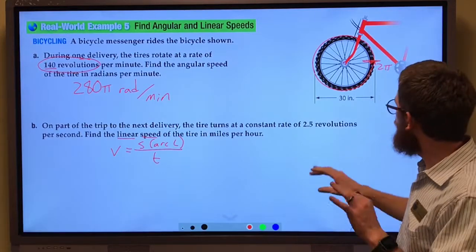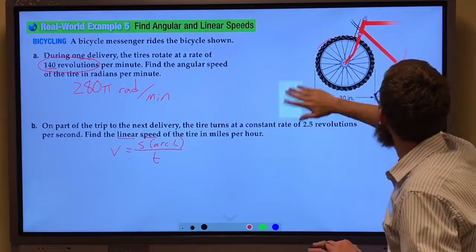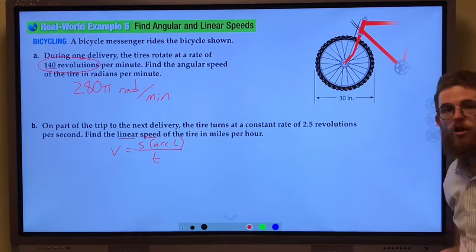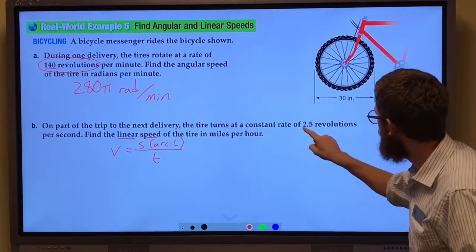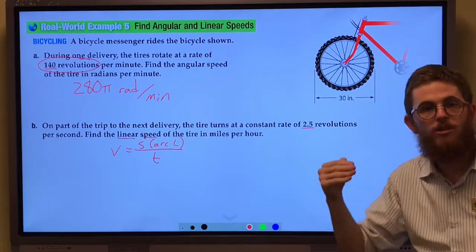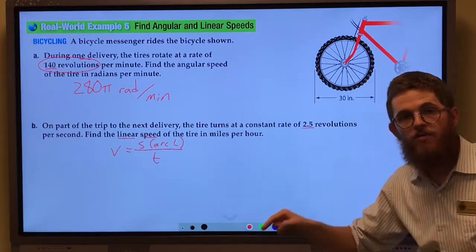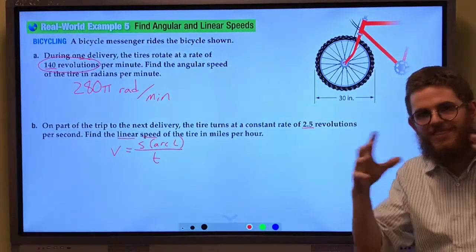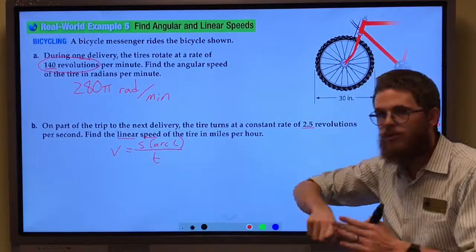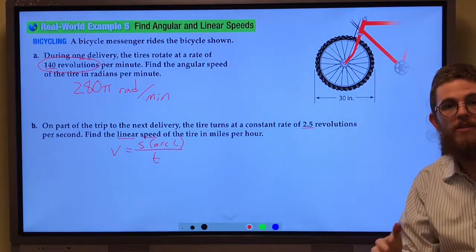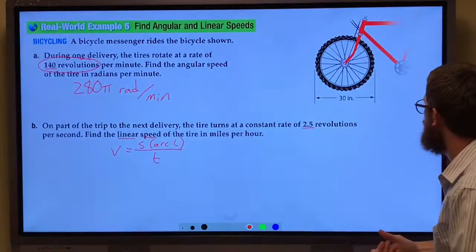So if we're looking over here and thinking about the circumference of this tire, because it did 2.5 revolutions, well, what is the distance? What is the length of 2.5 revolutions? Well, we're going to have to find the length of one revolution first.